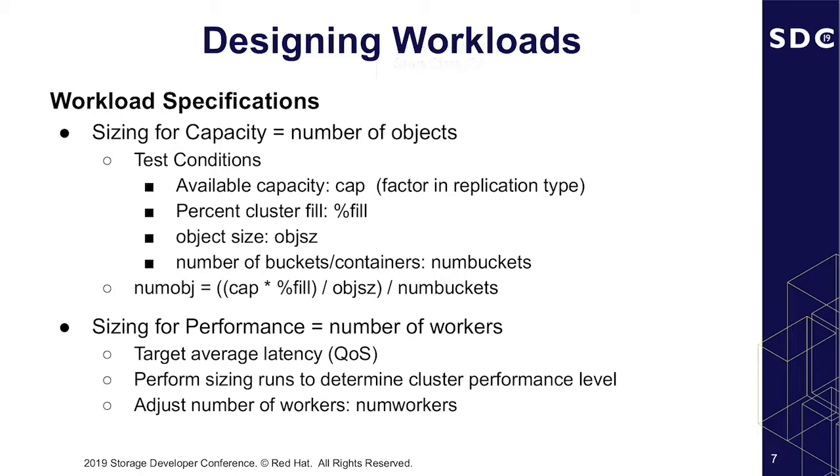And then the sizing for performance. This part of defining a workload needs to be done for you to identify a reasonable saturation point on the object storage itself. The way we usually approach this is we have a target latency in terms of quality of service. A lot of this is set by having discussions with customers around their production environments.